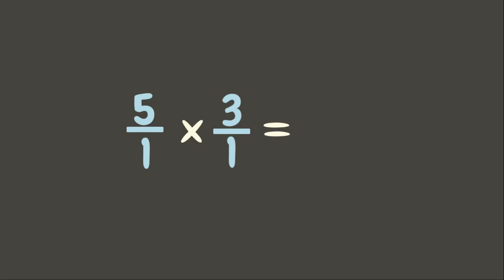Let's multiply. 5 times 3 is 15. 1 times 1 is 1. Now let us simplify. Since the denominator of this fraction is 1, it will be equal to 15, because 15 divided by 1 is 15.